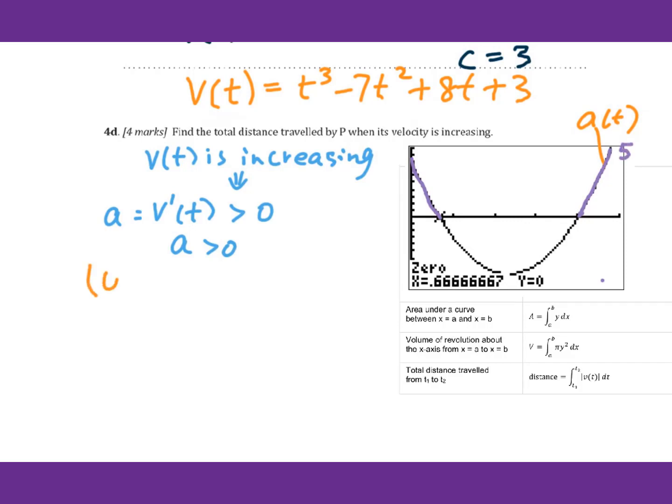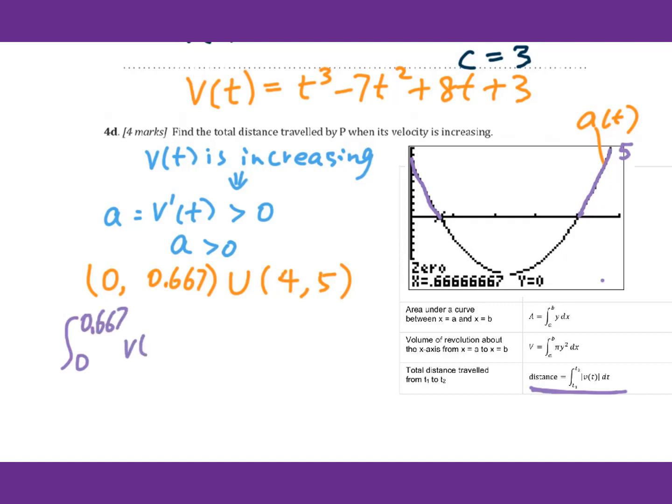So we get from 0 to 0.667 and from 4 to 5. Therefore, the distance formula is this. You will get from 0 to 0.667 the integral of velocity, and we do the absolute value.